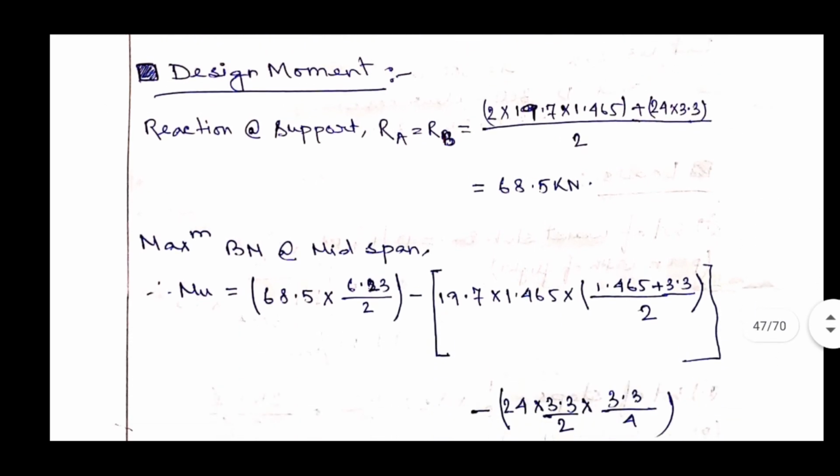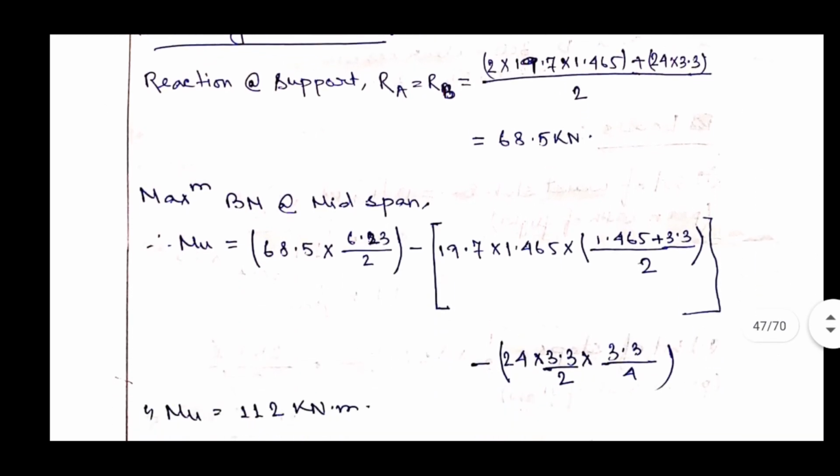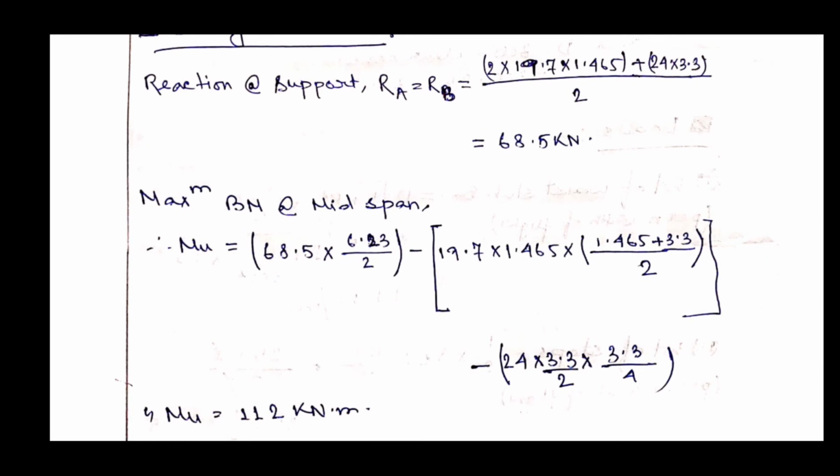Now maximum bending moment at mid span: Mu is equal to 68.5 into 6.23 by 2, that is total span by 2, minus 19.7 into 1.465 into (1.465 plus 3.3 by 2), minus 24 into 3.3 by 2 into 3.3 by 4.